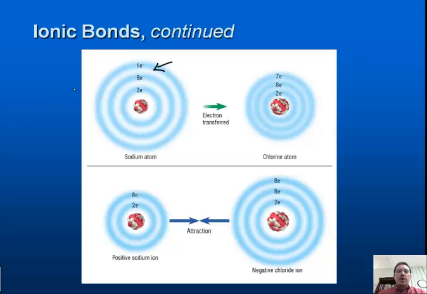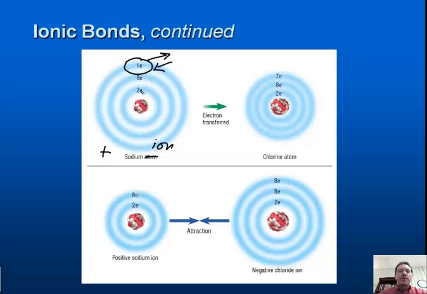So with sodium, it's going to be easier for this one electron to leave the sodium atom. It now becomes a sodium ion, and it becomes positively charged, so it now gets a positive 1 charge. That is because electrons are negatively charged.